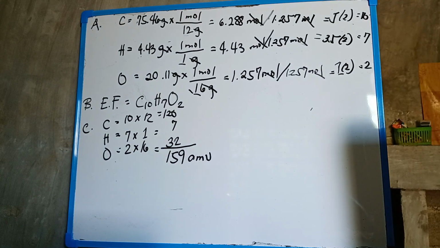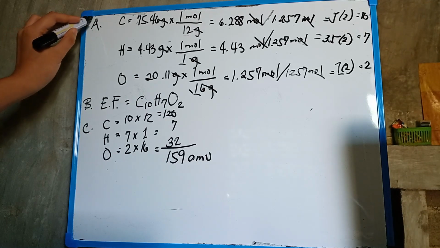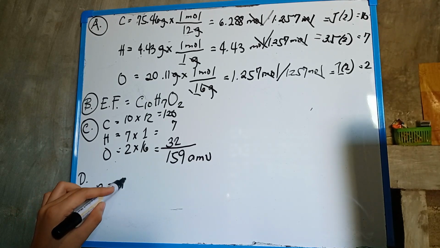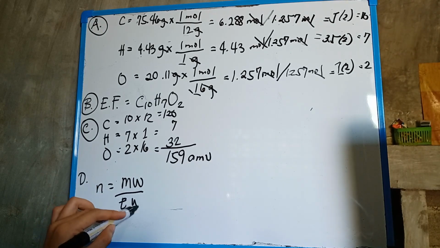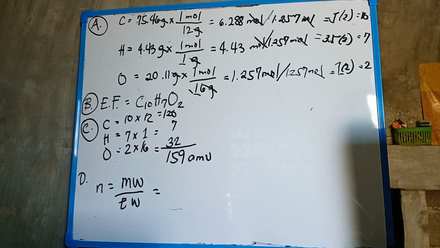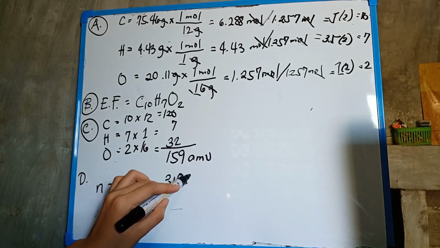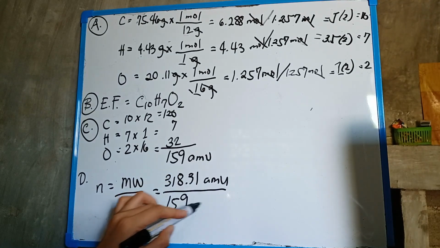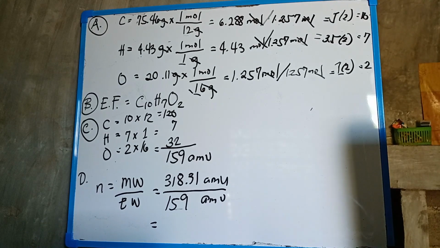Then we can now use our empirical weight to get our subscript so we can get our molecular formula. So letter D, N is equal to MW over EW. Our MW is already given, 318.31 amu over the empirical weight, 159 amu. So, 318.31 divided by 159 is equivalent to 2.